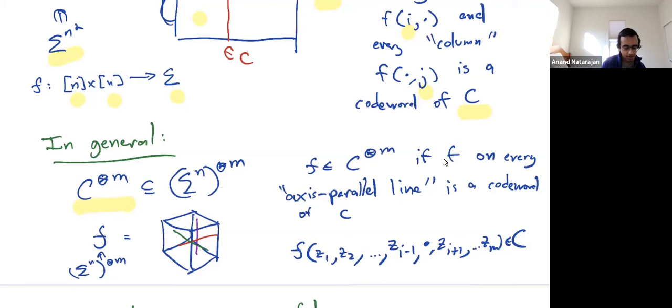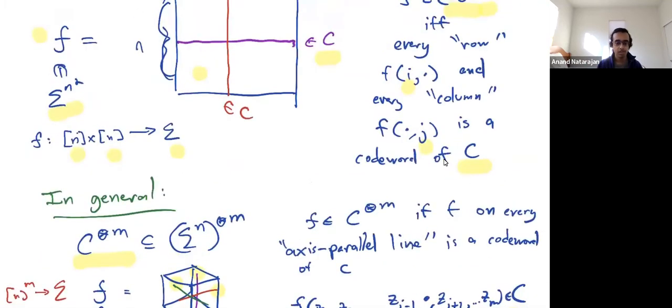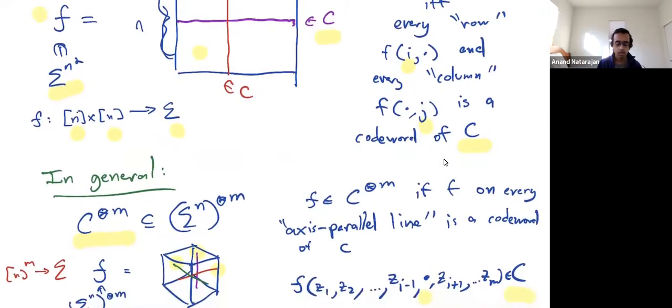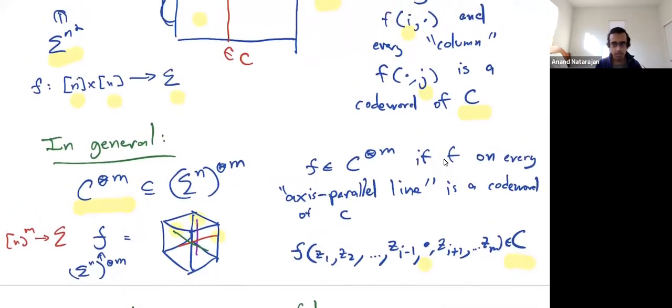So I can say f is going from n to the m to sigma. And we'll say that f is an element of the code if the restriction of f to every axis parallel line is an element of C. What that means in the function notation is that if I take f and fix all the coordinates but one, the resulting univariate function should be an element of C. So this is really just a generalization of this idea of rows and columns being elements of C. Okay, so that's the general notion of a tensor code.